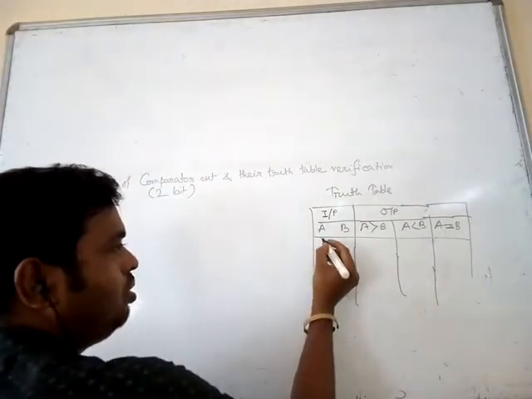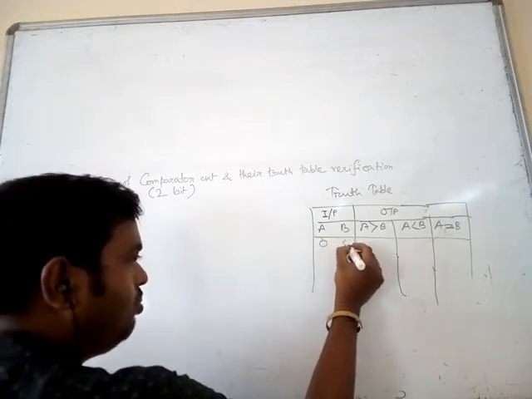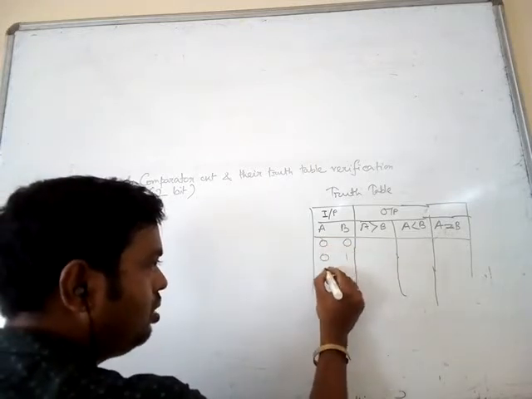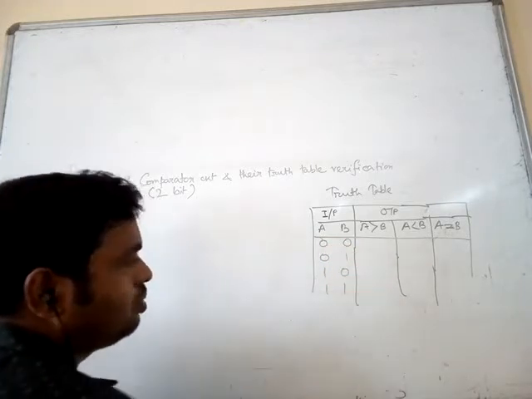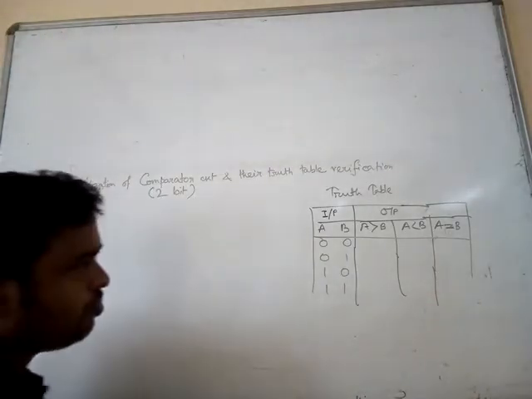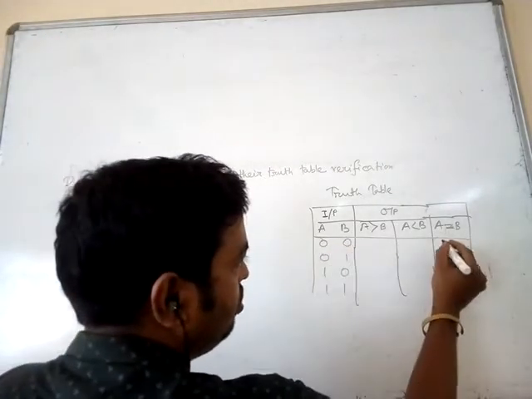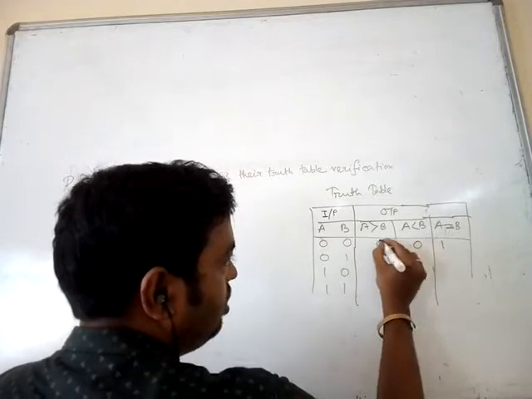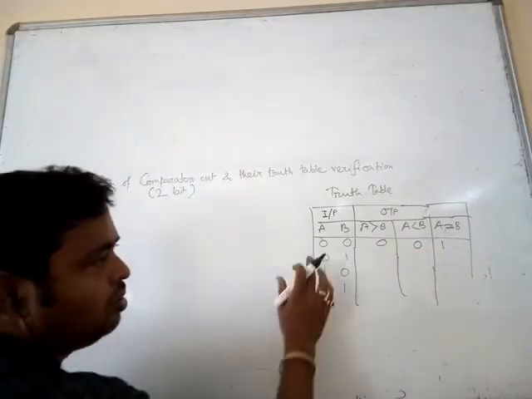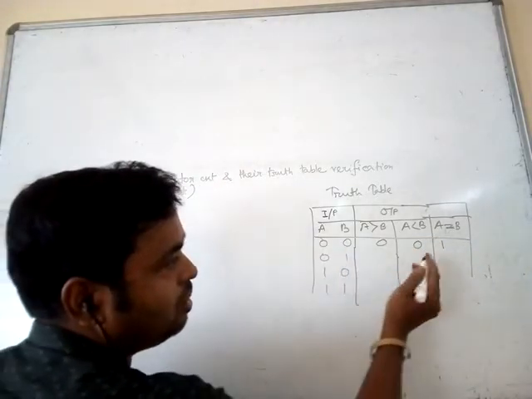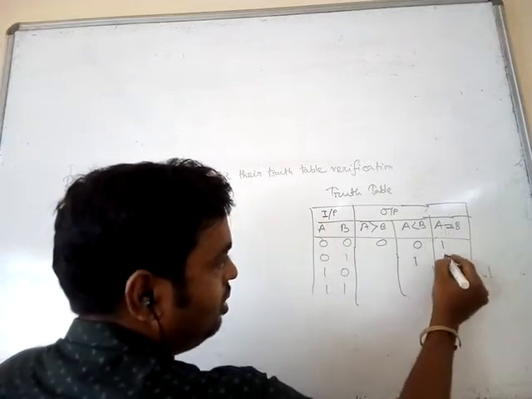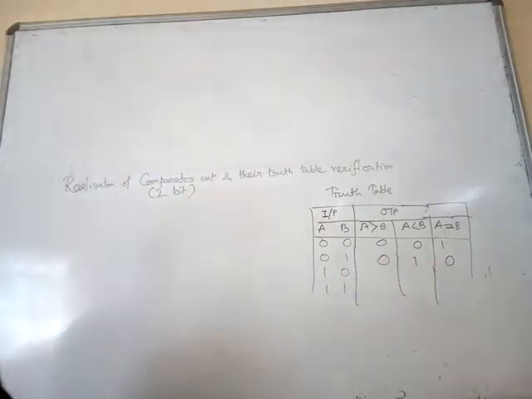So we can give 4 combinations: 0 0, 0 1, 1 0 and 1 1. For 0 0, both are equal, so A equals to B is high, and the other 2 cases are 0. For 0 1, A is less than B, so it is high, and the others are 0.